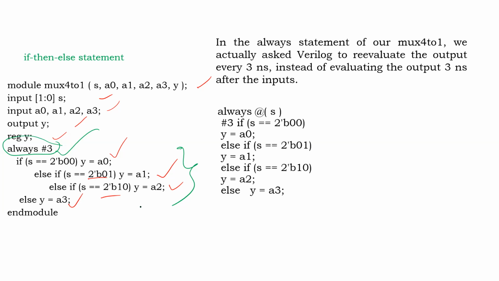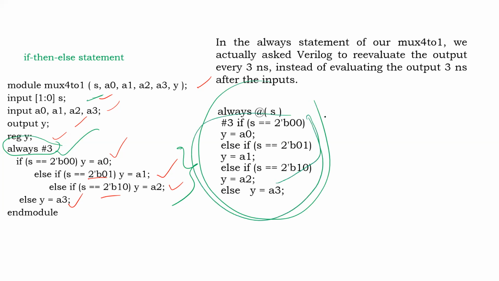Here is the same statement I wrote like this: always at the rate of S. S means the select lines. Whenever the select lines change from one value to another, this block should be executed each time.